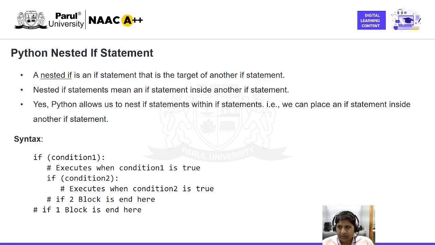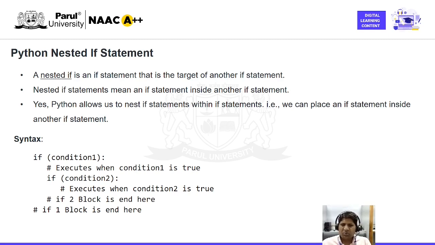The third statement is known as the nested if statement. In some situations, we try to check more than one condition within a condition. Suppose you check condition one, and if it is true, then the next condition is checked.